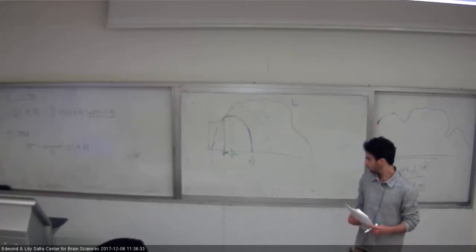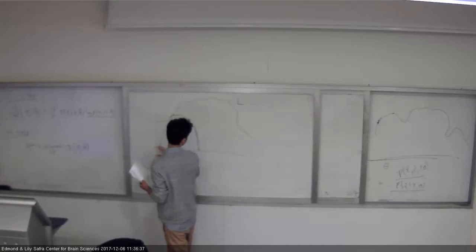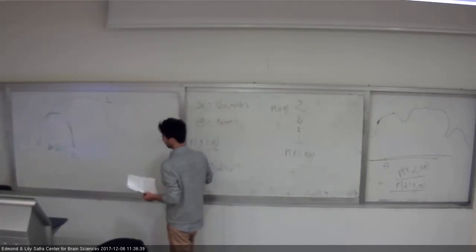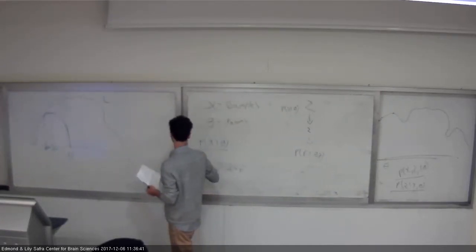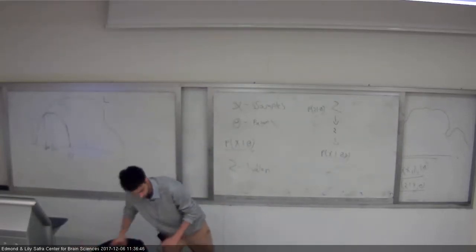Okay, so to show that you can only improve the likelihood function, we need the following claim.